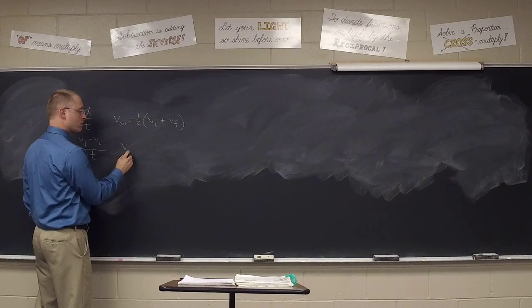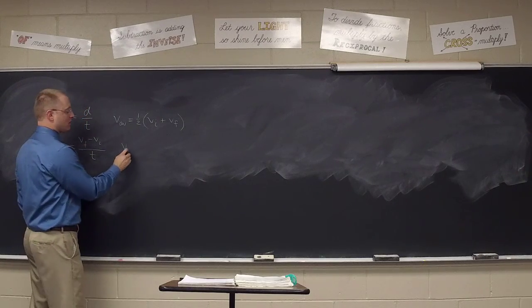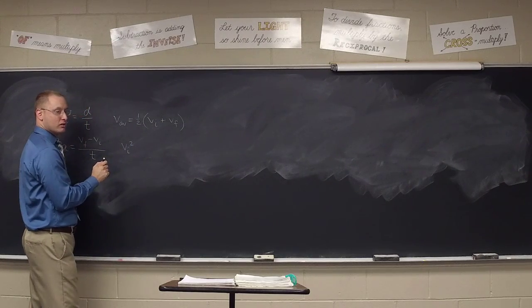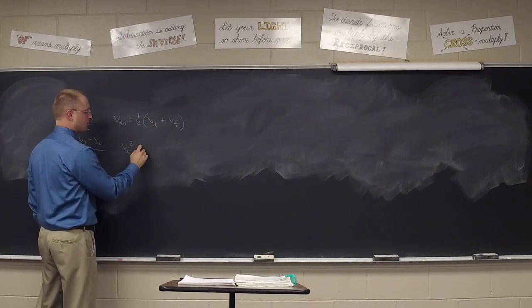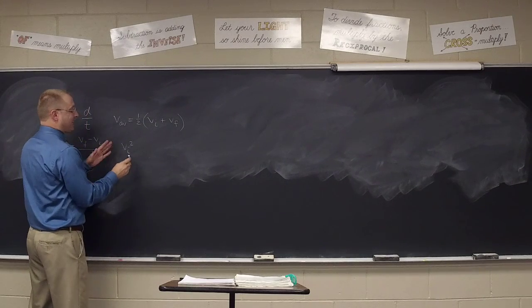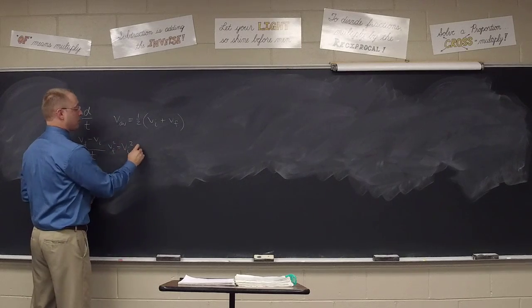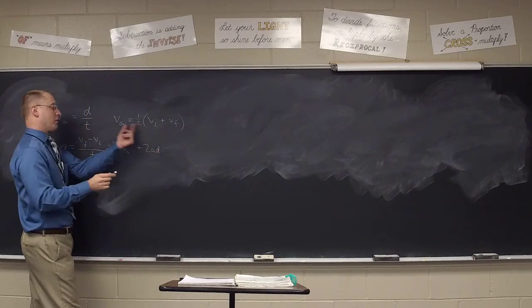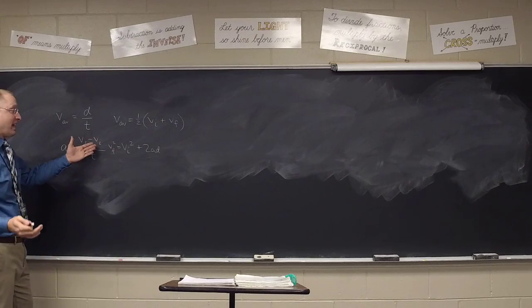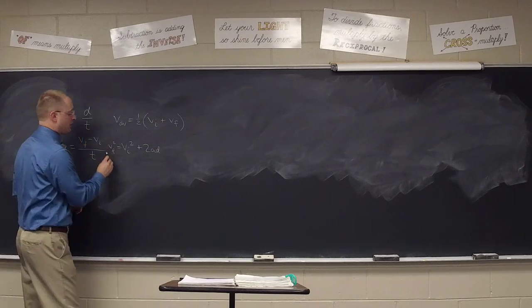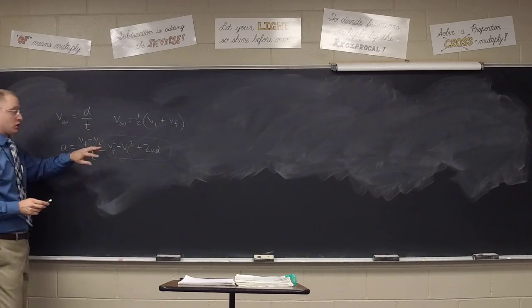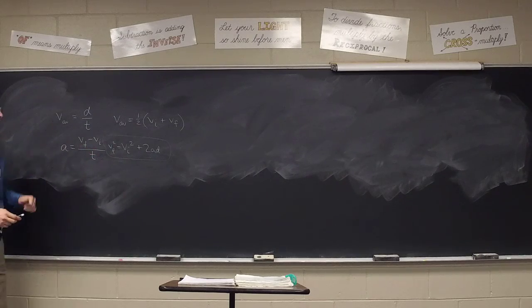I'd use 2 different equations. So VI squared equals VF squared minus 2ad. Okay, that's not the way I had you memorize it, but it's not wrong. I had you memorize VF squared equals VI squared plus 2ad. But if you move the 2ad over, you have what you said. VI squared equals VF squared minus 2ad. So here's an equation that uses initial and final velocity along with acceleration and displacement.